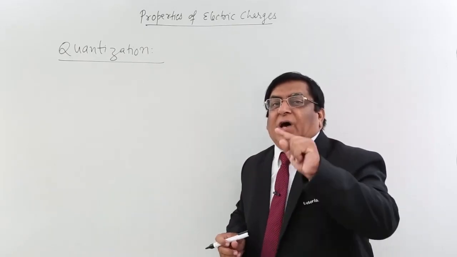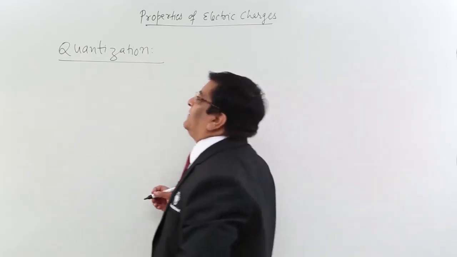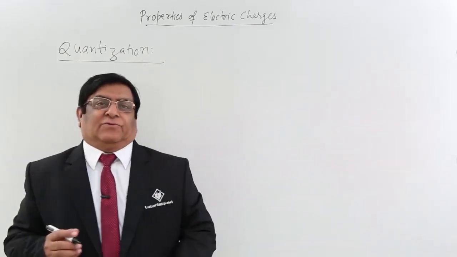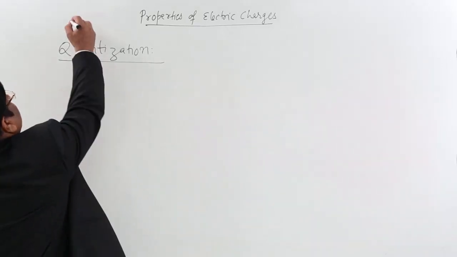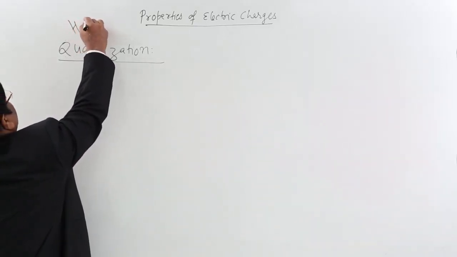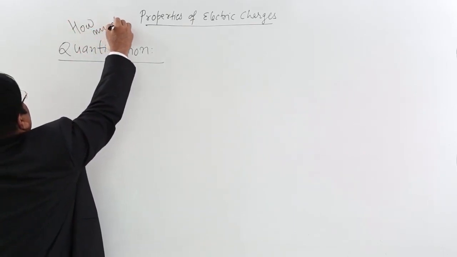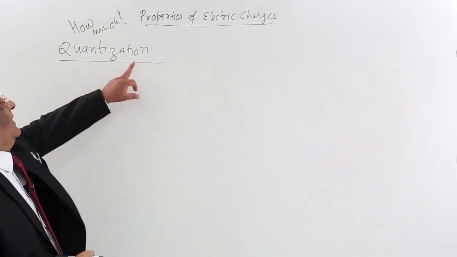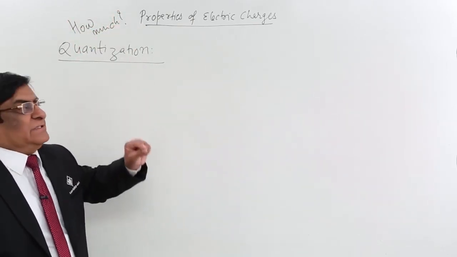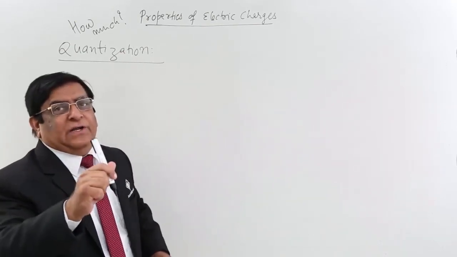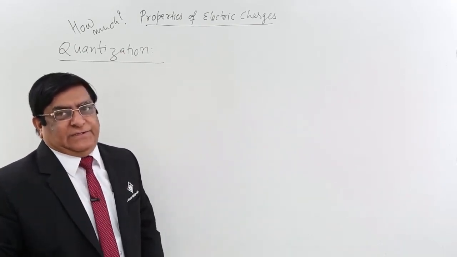Then my question is how much? When we try to answer the question how much, then we come to this property of quantization, that how much is the quantity of charge on a body, how do we calculate it.